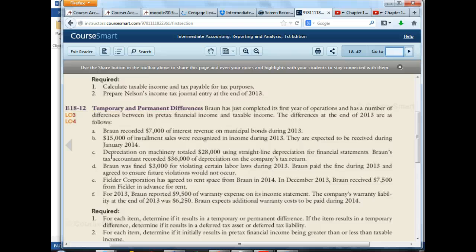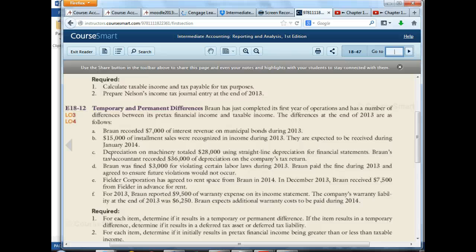Depreciation on machinery of $28,000 is straight line depreciation for financial statements. Bronze tax account recorded $36,000 of depreciation on the company's tax return. So Tony, is the depreciation expense greater for financial purposes or for tax purposes? Tax return.